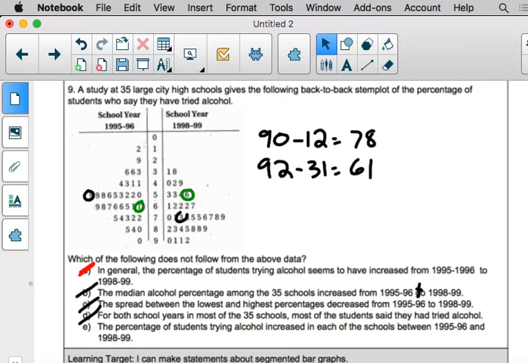We don't know that every single school went up. You don't know how these schools relate to each other. Again, this 61 might be the 56 here, or it might be the 70 or the 67 over here. You don't know exactly which one pairs to which, so you can't definitively say that every single school increased. All you can say is the general trend was increasing.